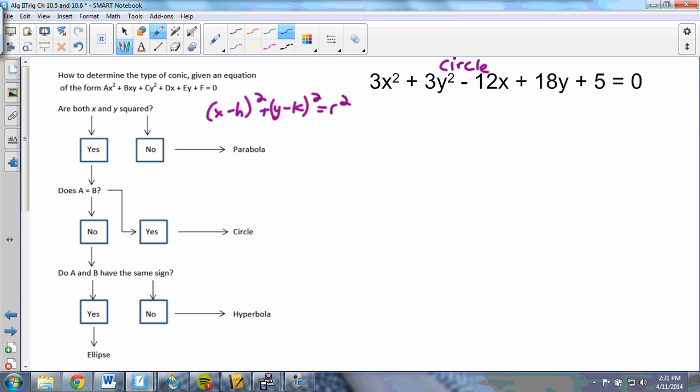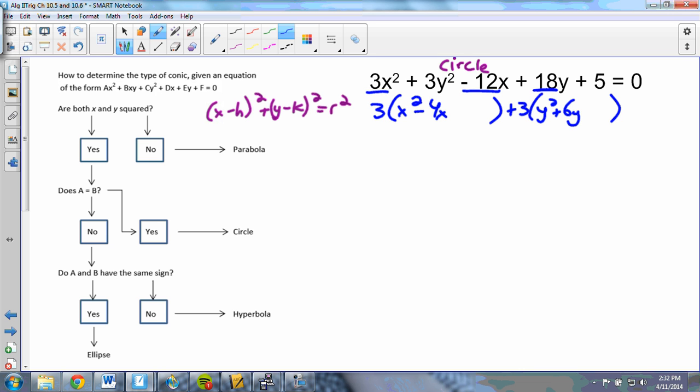So I'm going to group out the x's and the y's. When I do that, I'm going to factor out the 3. Let me do that first. Factor out the 3 from the x's. Grab those two. And I'm going to factor out the 3 from the y's.